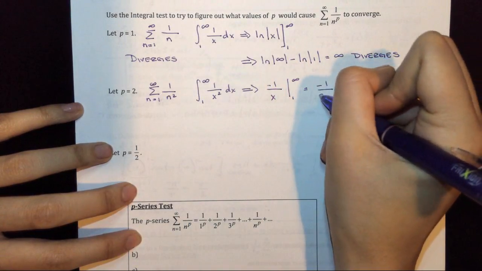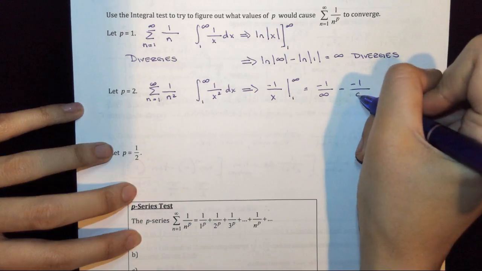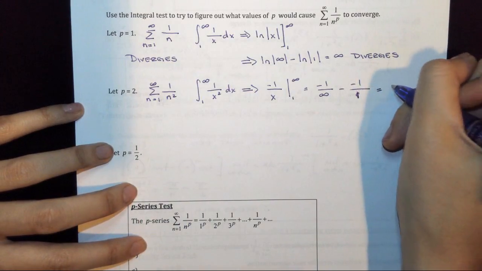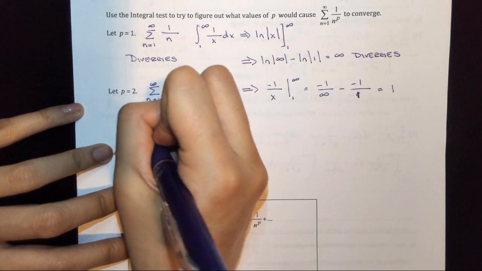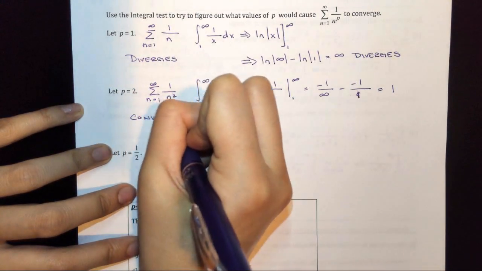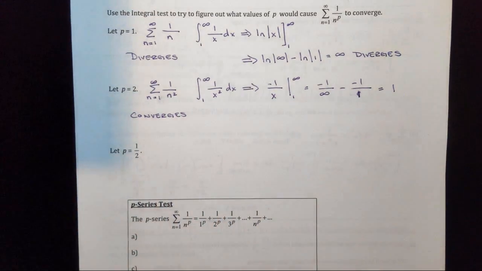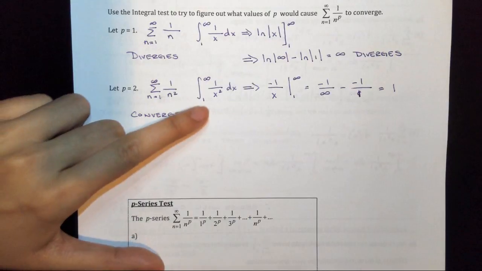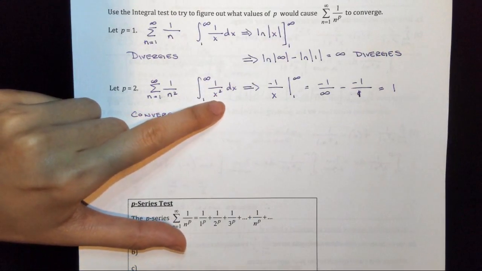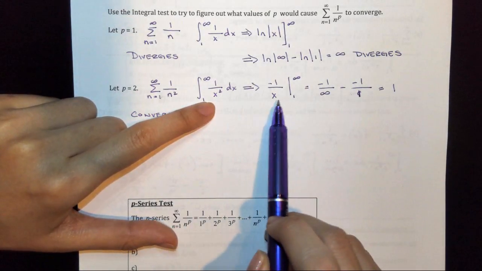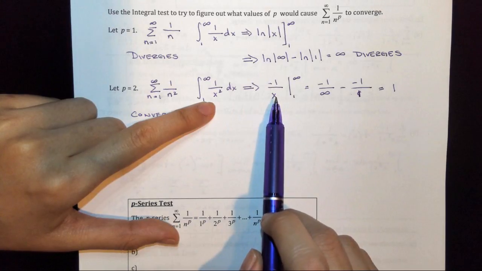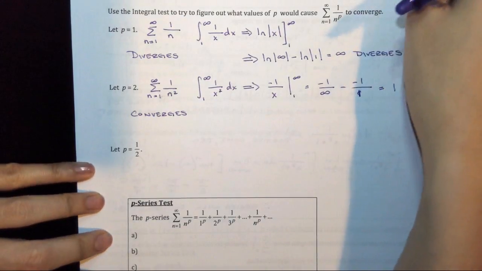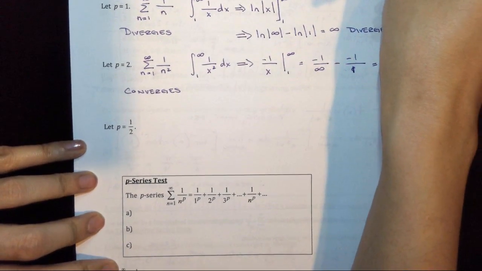So it's negative 1 over infinity minus negative 1 over 1. And that goes to 1. So this one will converge. And you can kind of see that this is going to converge because when you do the antiderivative of x squared, your x is going to stay in the denominator. All right? So that's important to know when we start making rules for our p-series tests.